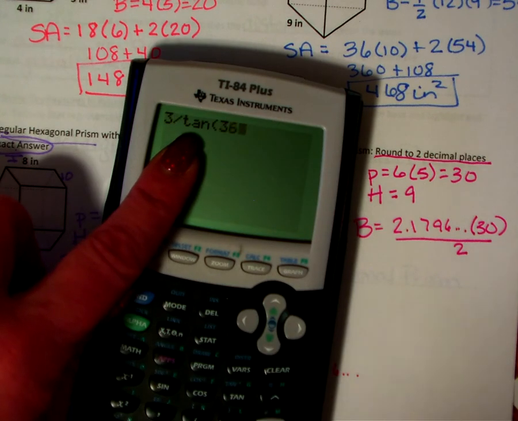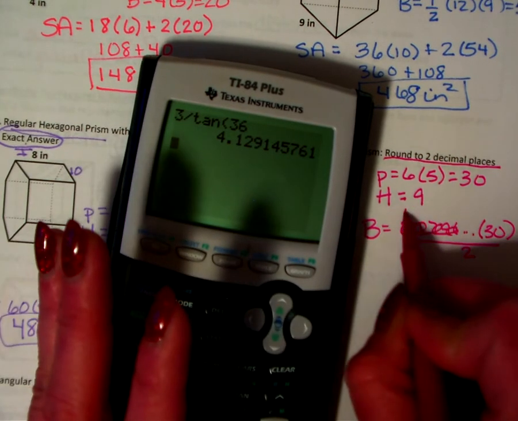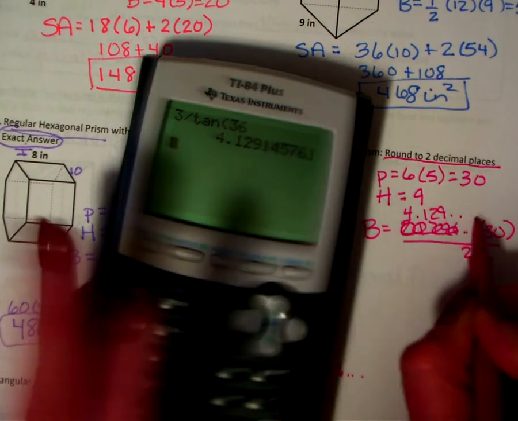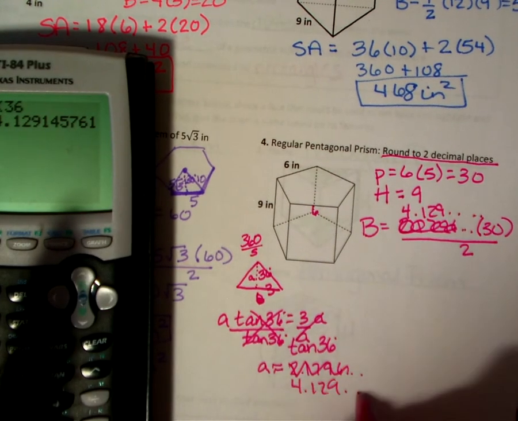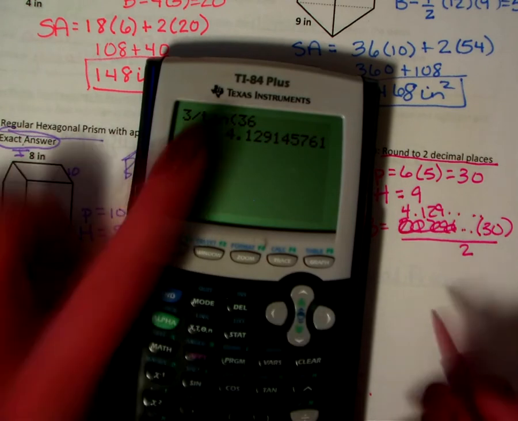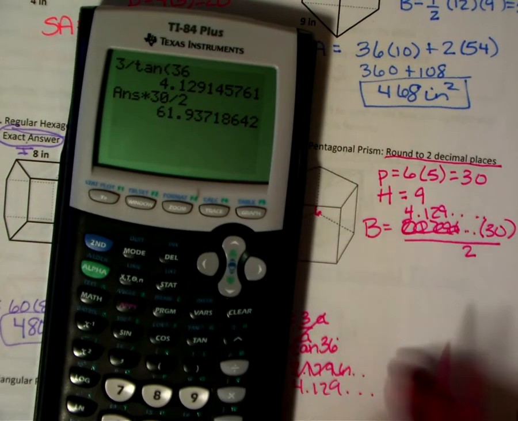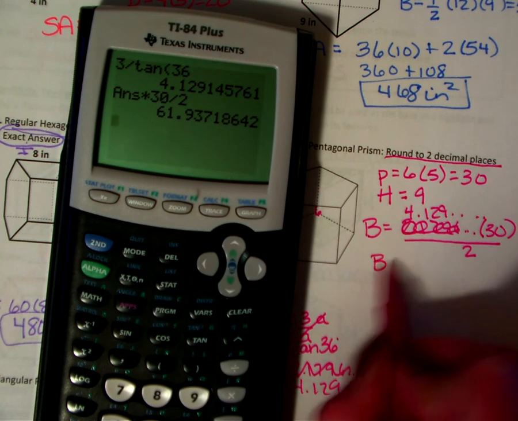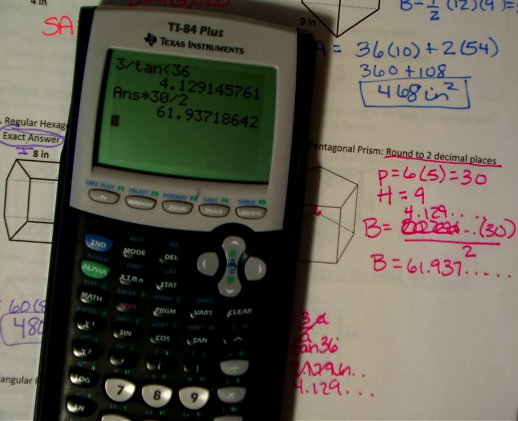So 3 divided by tangent of 36 is 4.129, etc. I bumped the multiply instead of divide, so be careful, don't do that. Now multiply by 30, divide by 2. Notice I didn't round yet. So my base is 61.937, etc. Still not going to round.